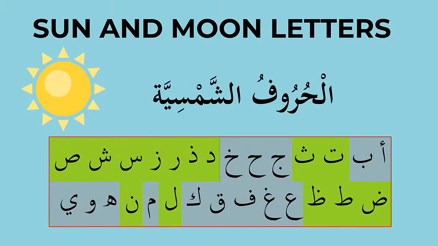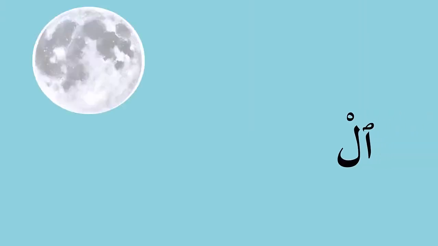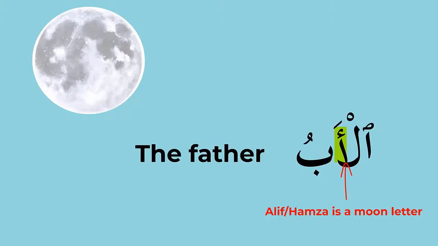Now, when you have al coming, brothers and sisters, if it is a moon letter, you will pronounce the lam. Al Abu. So I did pronounce lam. Are you with me?